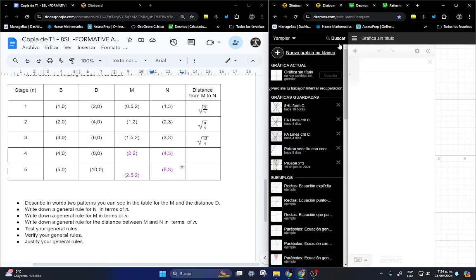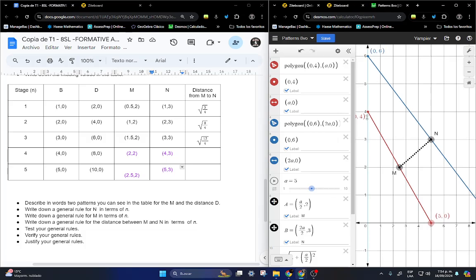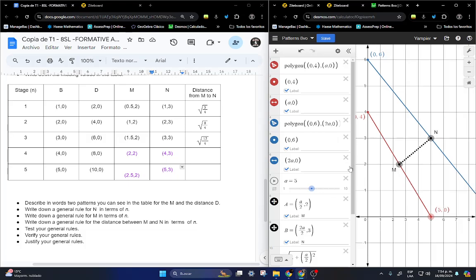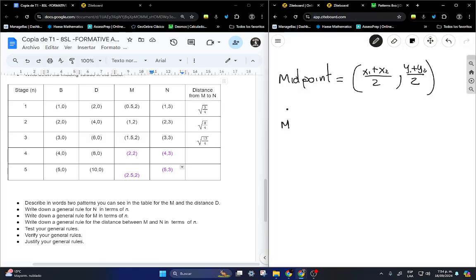Let's check again the graph. A is always this point, which is 0, 4. A is always 0, 4.